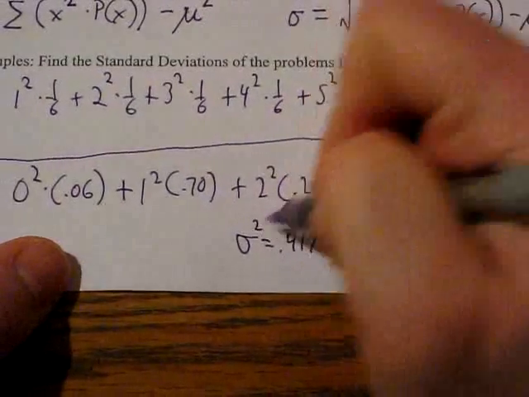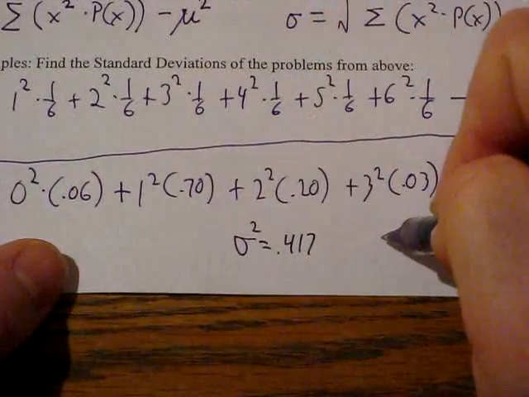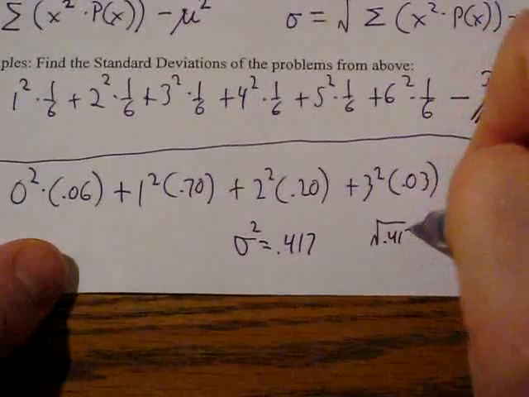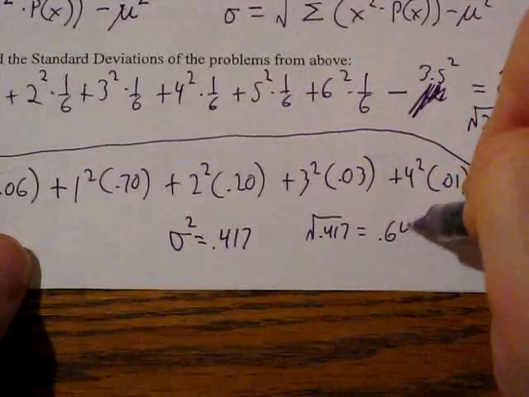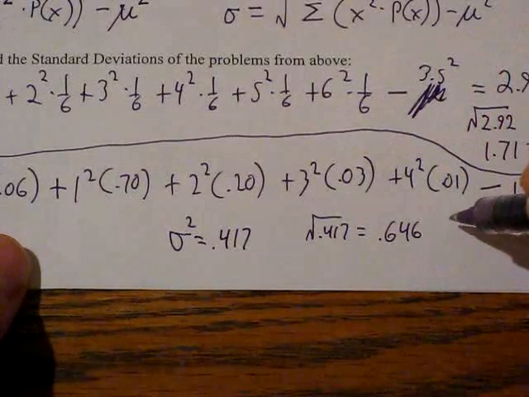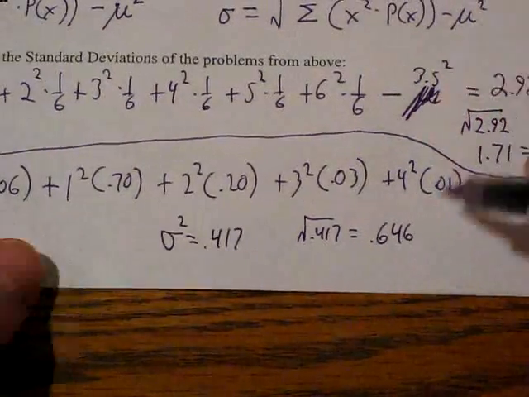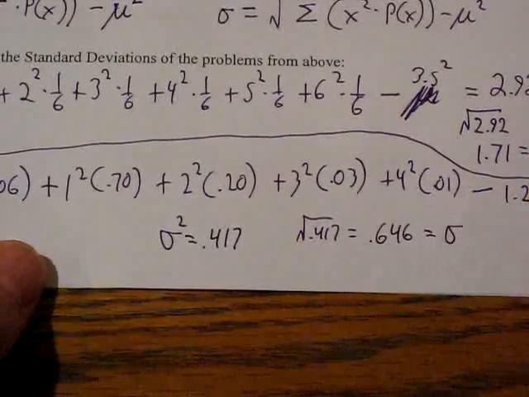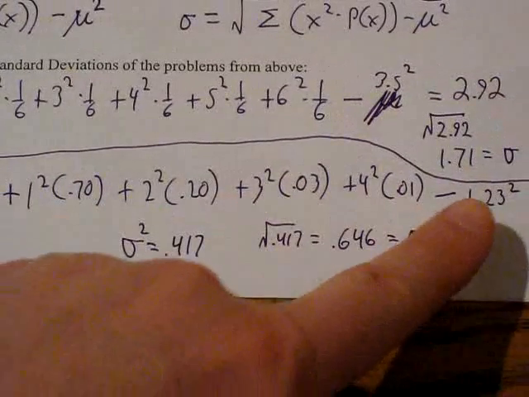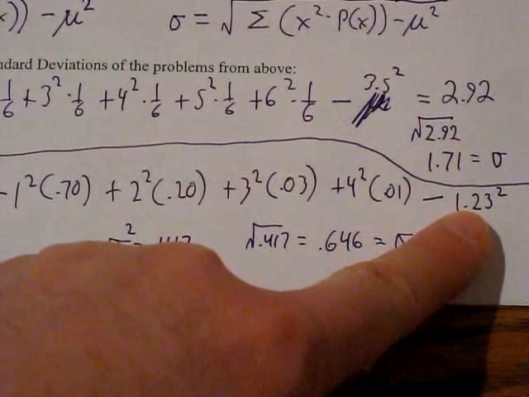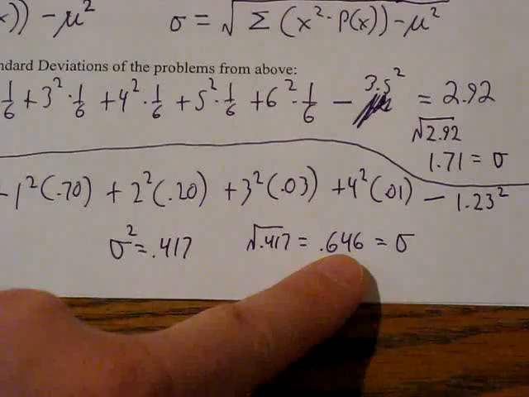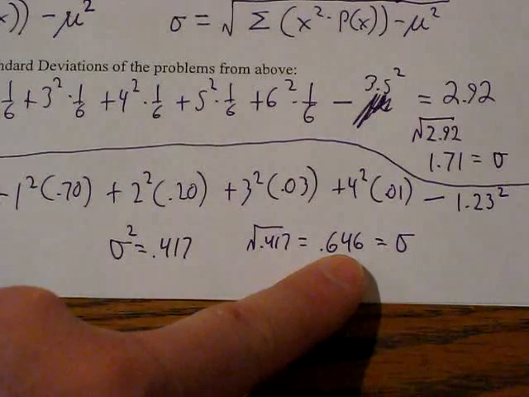And if you take the square root of this to find our standard deviation, this is going to be 646 thousandths. Or if you take a look at what this means in our problem, people take a trip about 1.23 trips a year with a standard deviation of about 0.64 above and below.